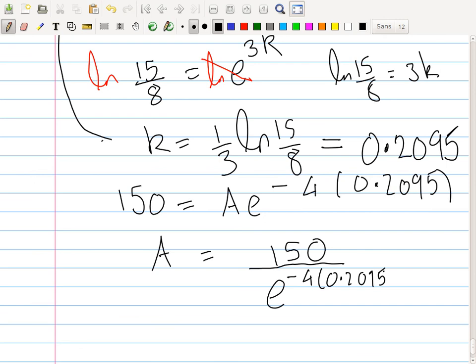Mustafa, you should still have that number up on your calculator. So it'd be 150 over e to the power minus 4 times the answer. Did you put a minus in here?